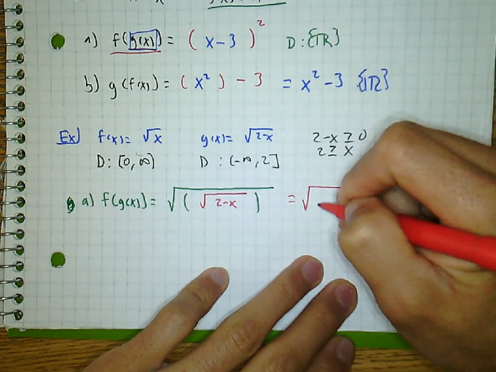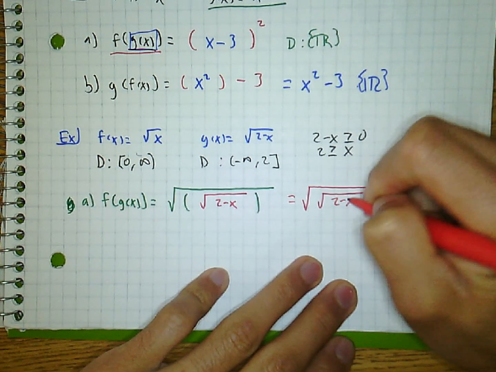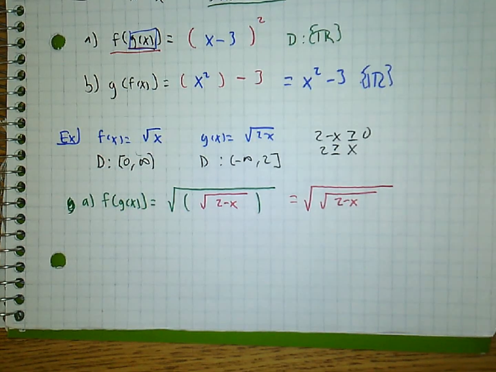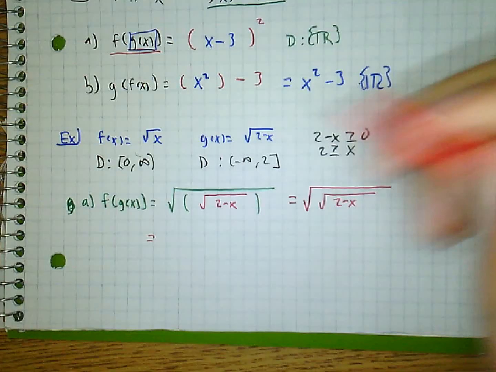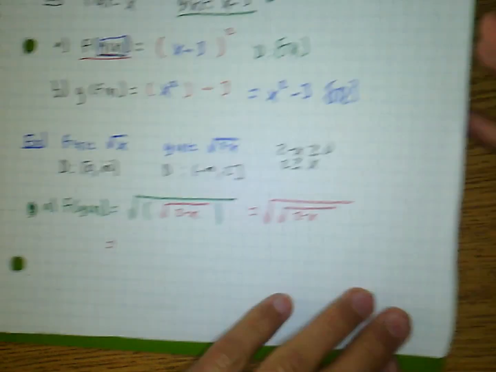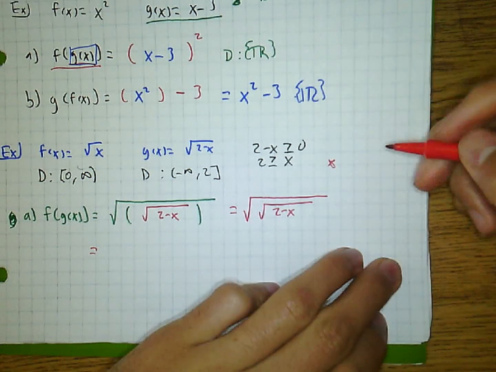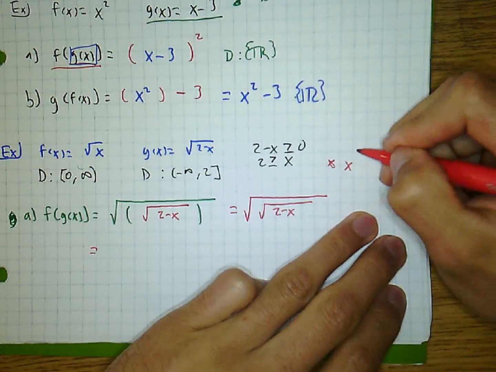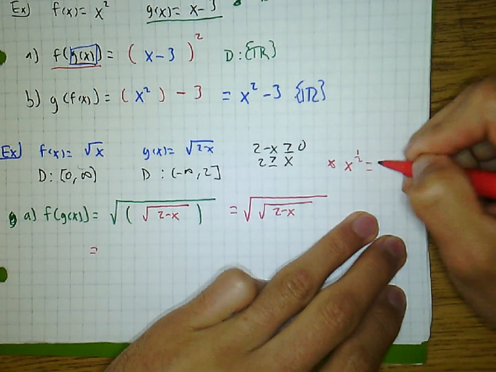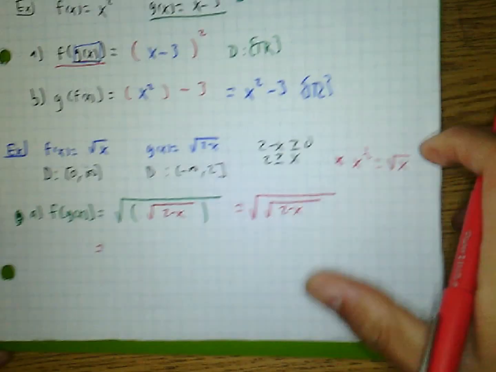This is technically the square root of the square root of 2 minus x. It's not incorrect, but let's clean up a little bit of notation. One thing to remember before I clean this up so you don't get lost: x to the 1/2 is the same thing as the square root of x. So I'm going to use powers here to help me out.